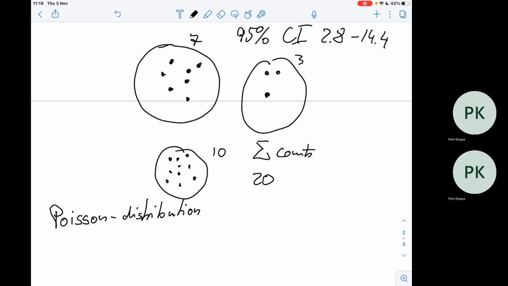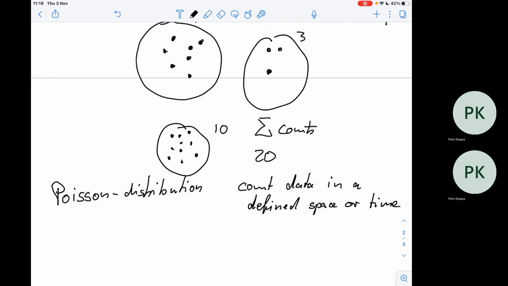And it basically works with count data in a defined space or time. So defined space here, on plates, or time, when we look at how many events actually happen in a certain time frame. This is when a Poisson distribution might be applicable.